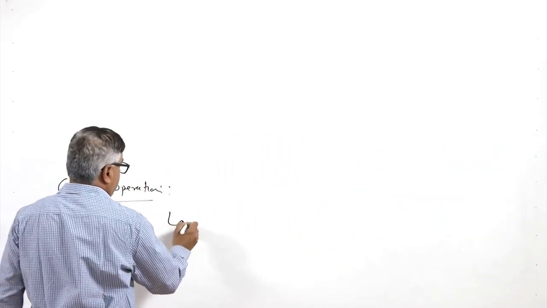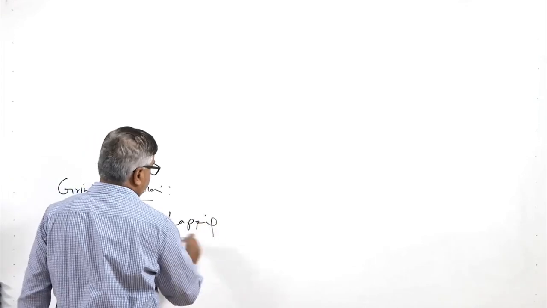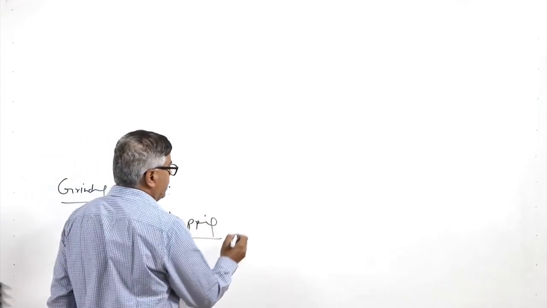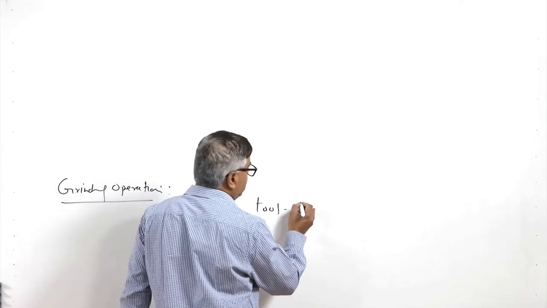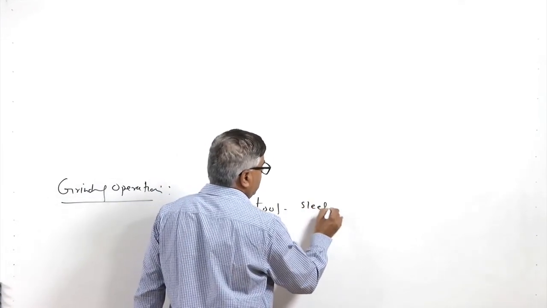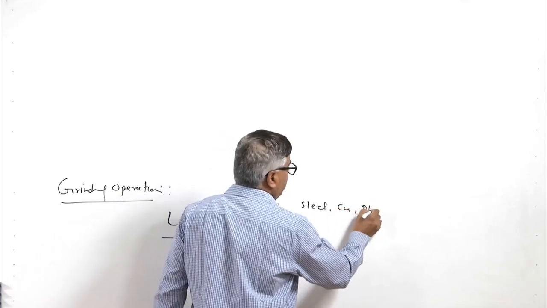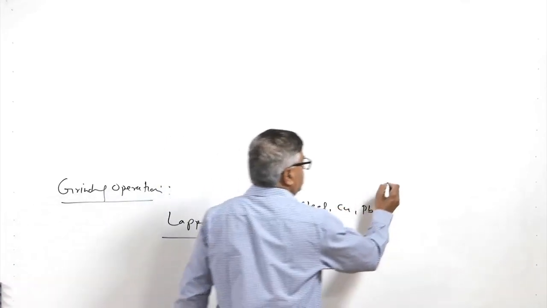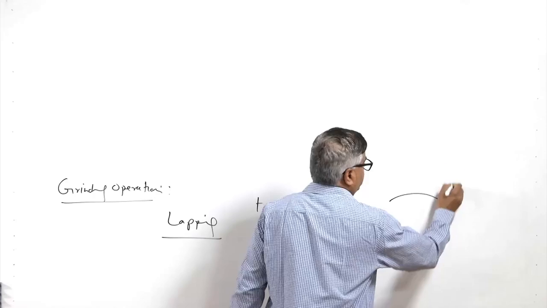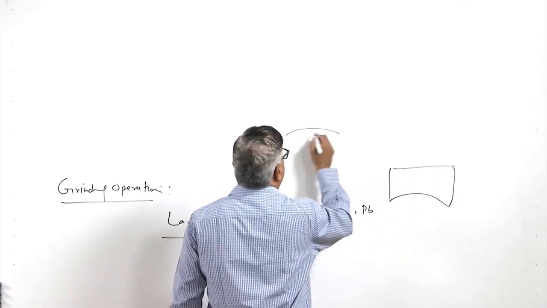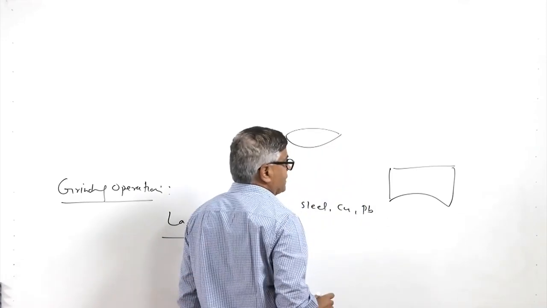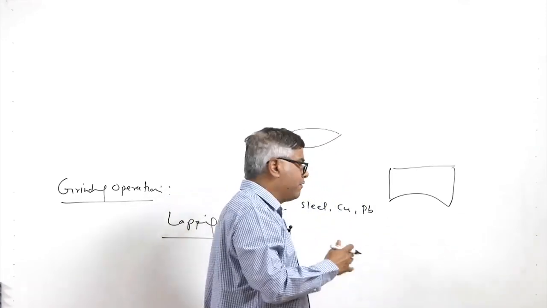Then lapping is another process wherein the tool is generally made of steel or copper or even lead. So, there is a tool as per the shape of the surface of the workpiece which is to be lapped, like say it is used for the polishing of lenses or any other flat surface.